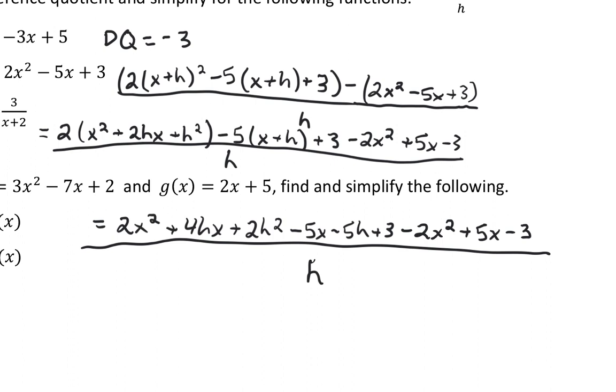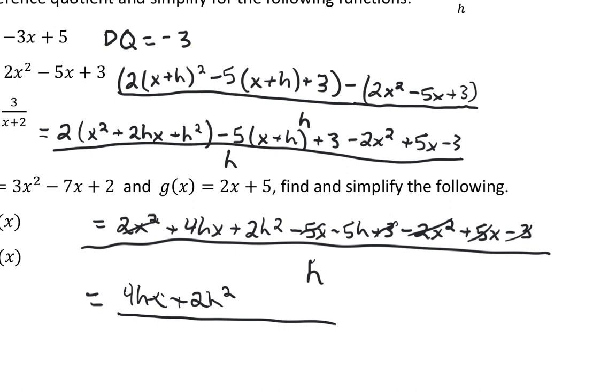So we'll see first we have this negative 5x, positive 5x, 3, and negative 3, and these 2x squareds will also cancel. So we'll be left with 4hx plus 2h squared minus 5h, and that's all divided by h. This will simplify to be 4x plus 2h minus 5. So that h on the bottom will go away because all of the terms on the top and the bottom have an h included.